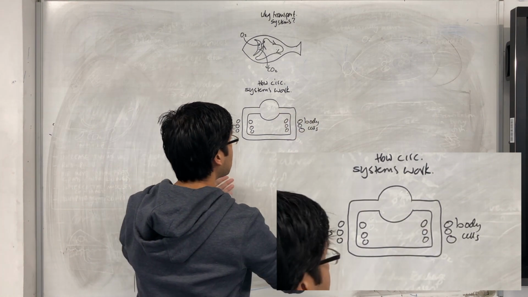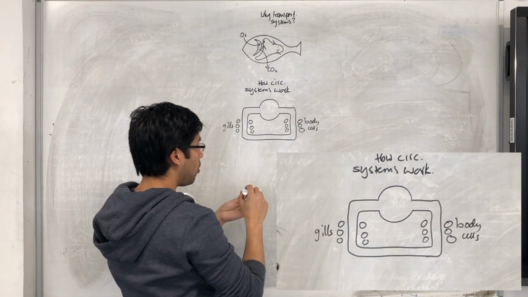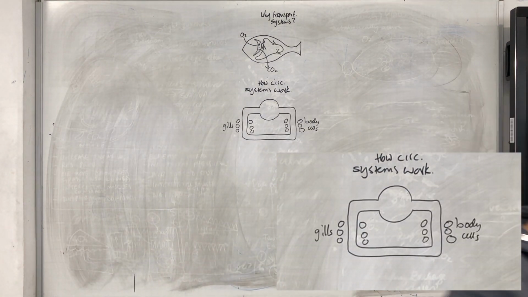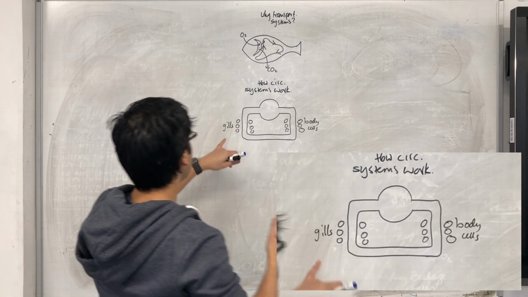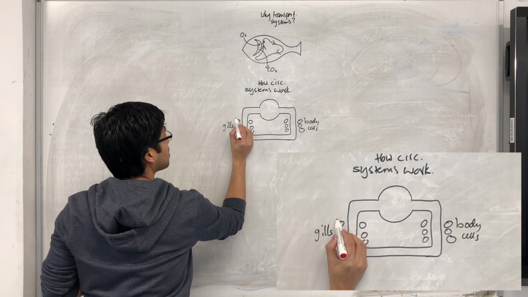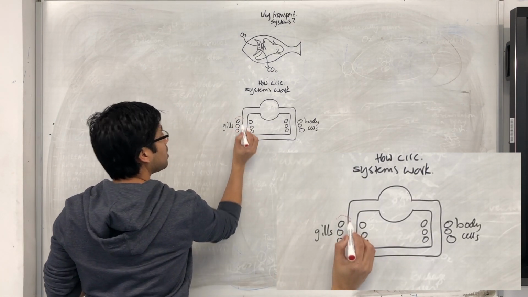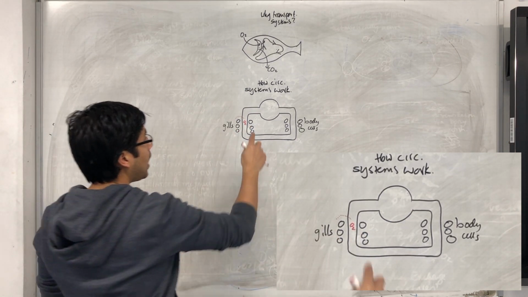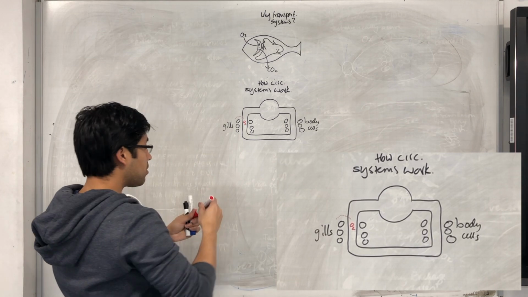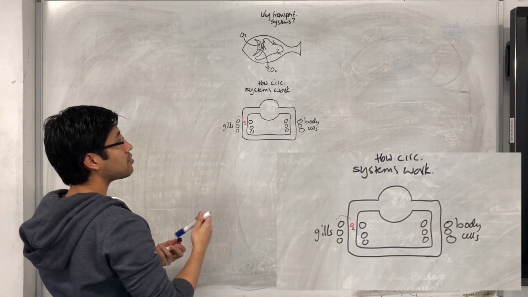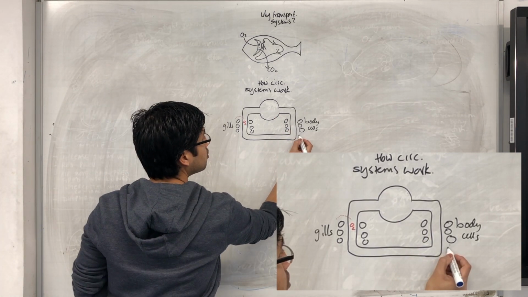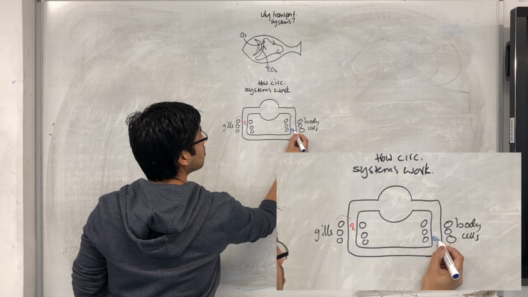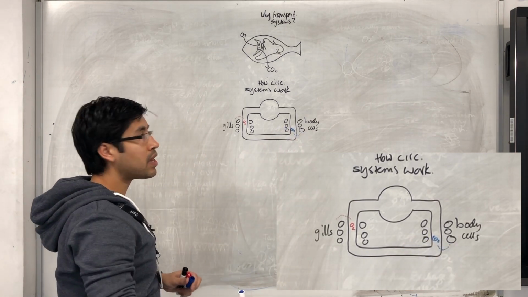So basically what happens is that the oxygen that comes in, I'll use some color coding here. The gills are very good. We've discussed exchange, but at the gills, the oxygen enters the blood. And at the body cells, they're carrying out lots of respiration, and so they're producing lots of CO2, and CO2 is entering the blood over there.